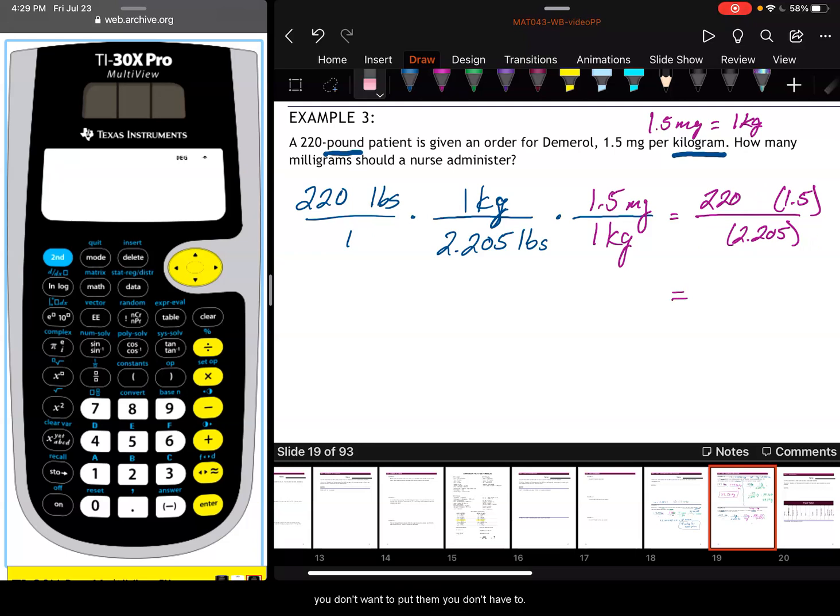If you don't want to put them, you don't have to. So 220 times 1.5 would be 330 over 2.205, and then we would divide that.